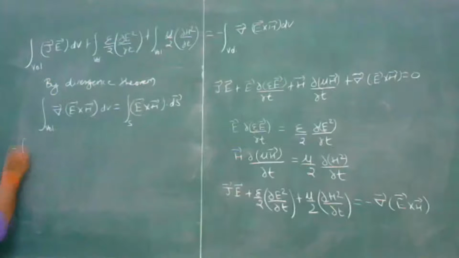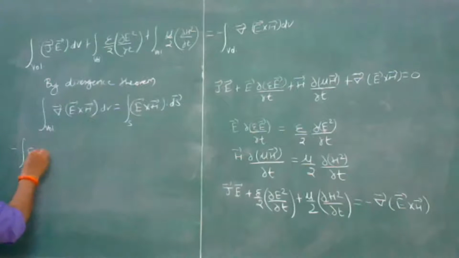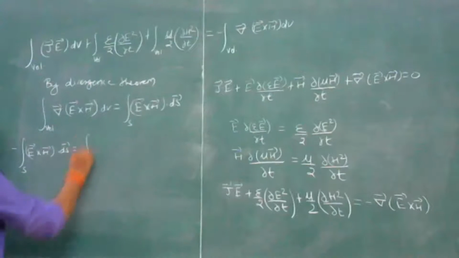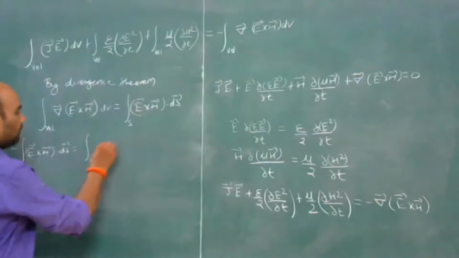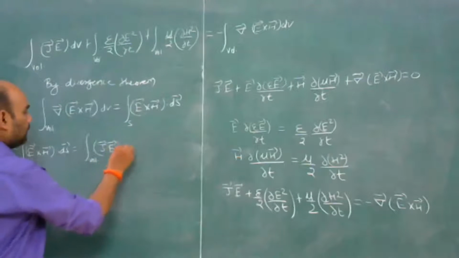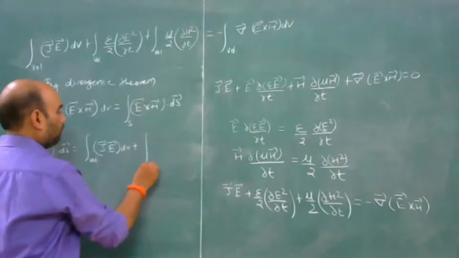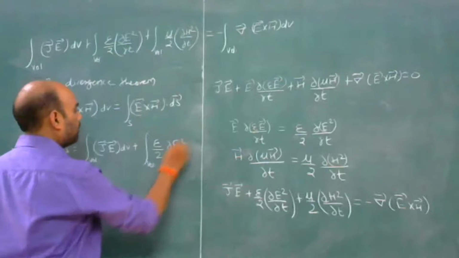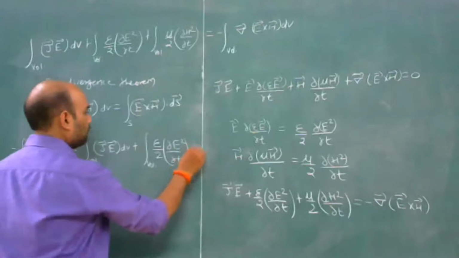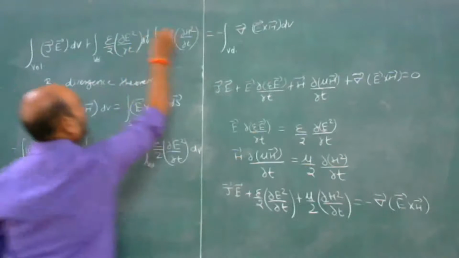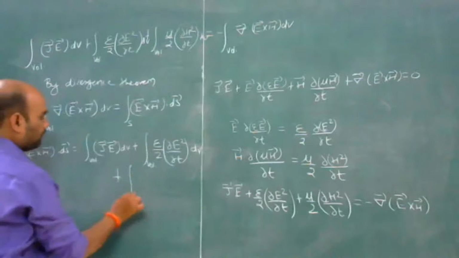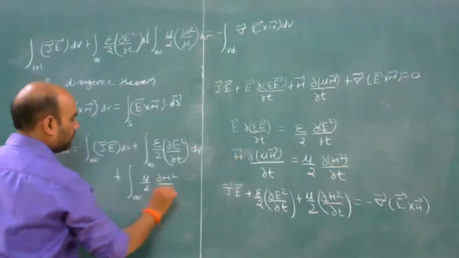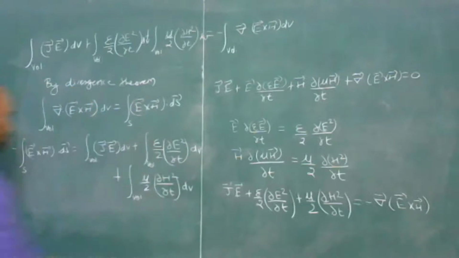So this can be written as negative surface integral of E cross H dS is equal to the volume integral of J dot E dV, plus the volume integral of epsilon by 2 del E square by del T dV, plus the volume integral of mu by 2 del H square by del T dV.